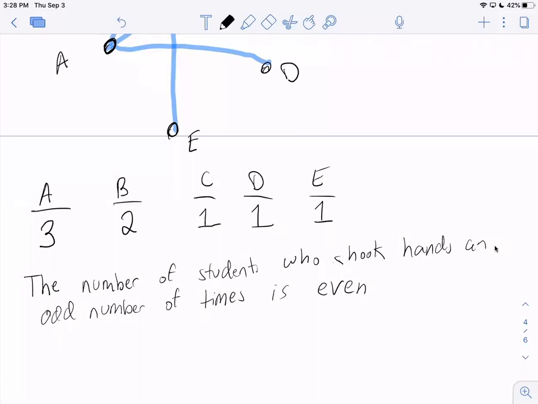So this is our theorem, and the challenge for homework is, can you think about why this is true?